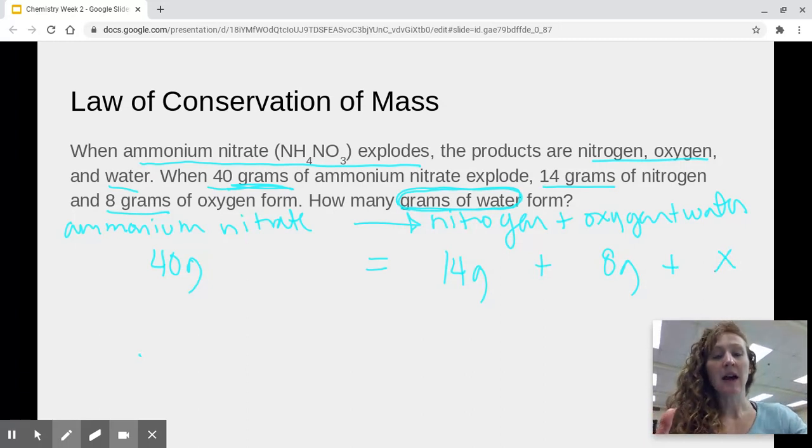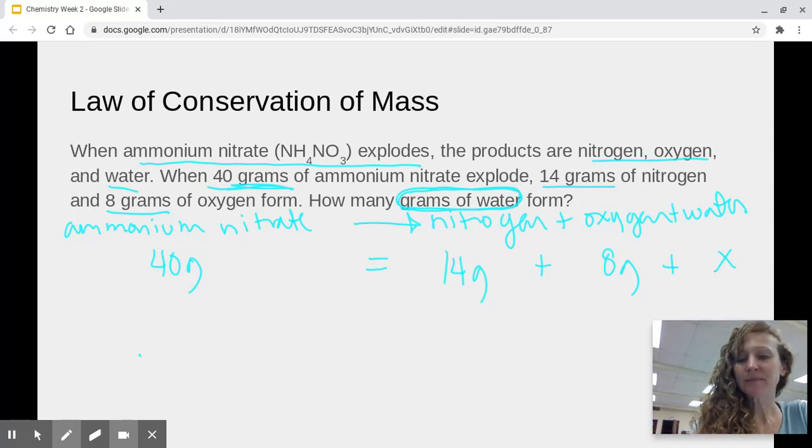So again, I've set up my equation to represent the law of conservation of mass. The reactants should be equal to the products. I have the mass of the reactants equals the sum of all the mass of the products. And then I just solve for X. So 14 and 8 together is going to be 22.